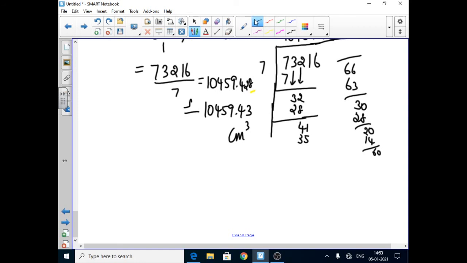So next, the problem is in liters, because they have given the per liter cost only, so we should convert centimeter cube to liter. 1000 centimeter cube is equal to 1 liter.